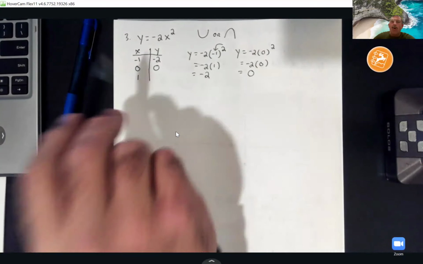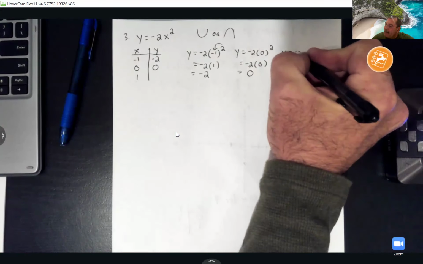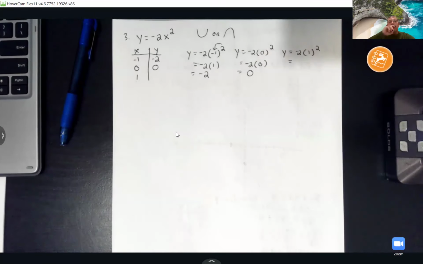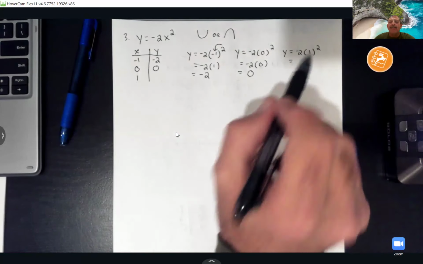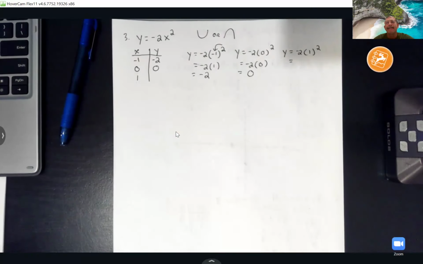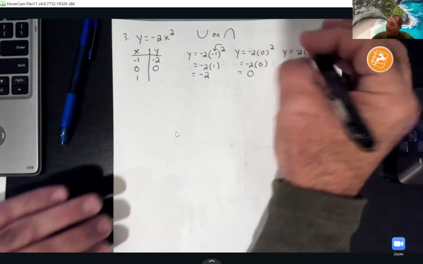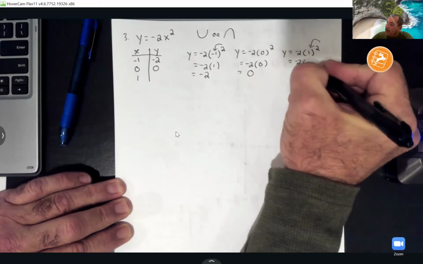Now let's put the 1 in for our x. So y'all, if y'all put a 1 in for the x, what will this give me as a final answer? -2. Because that -2, 1 times 1 is 1 again.